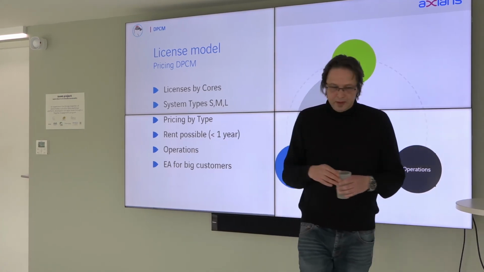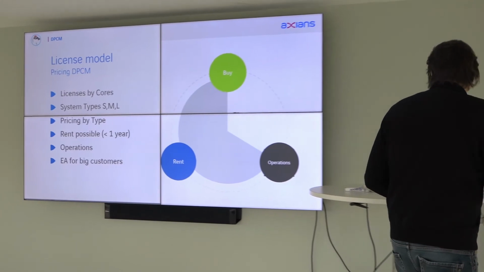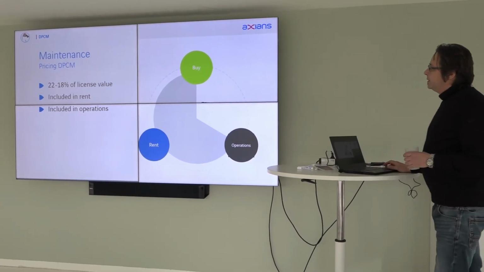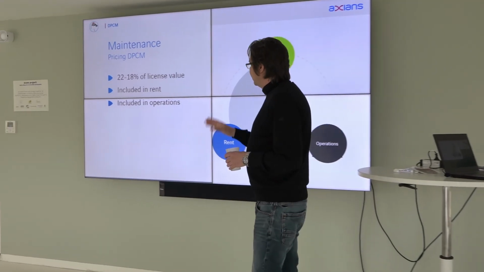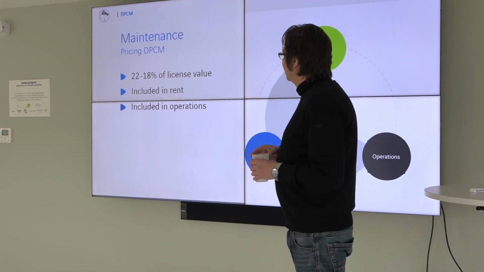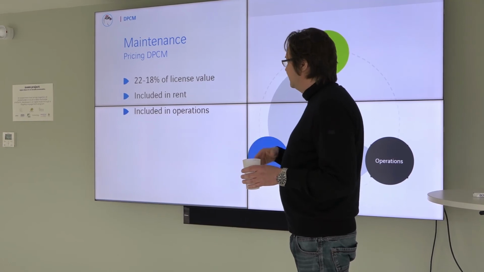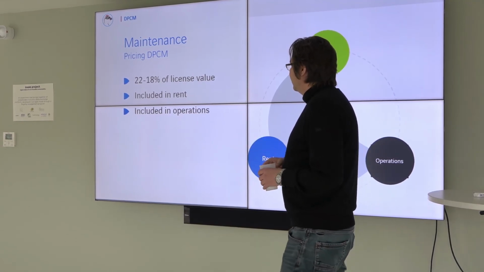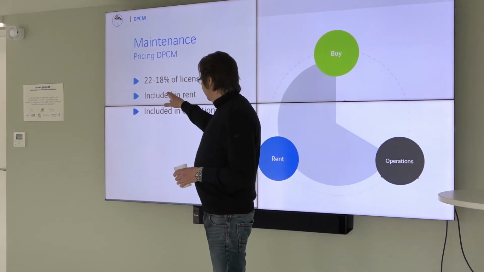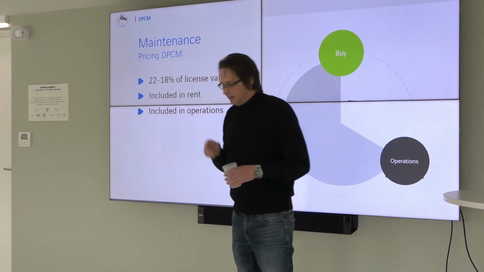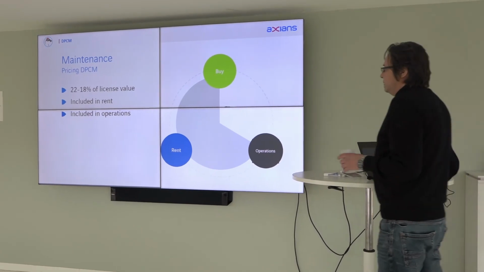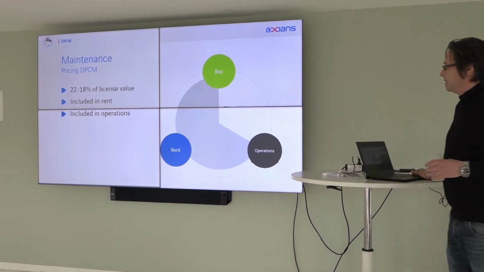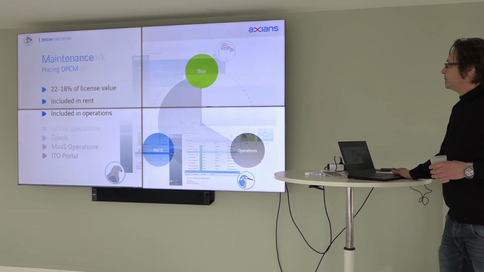And we have an enterprise agreement program for big customers. Maintenance depends on whether you are buying it for a year or for 3 years or more. It's 22 to 80% of the license value for the maintenance, and it's included in the other models like renting or operations.